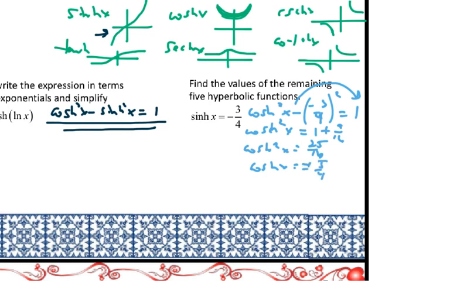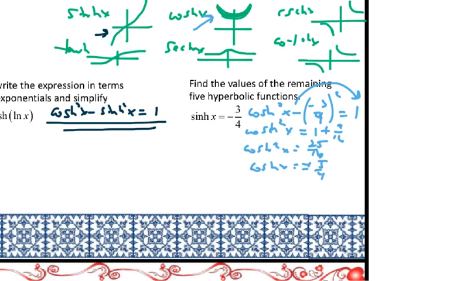Now I know it's not a negative 5/4 because cosh is never negative. That's why I need the graph, just to verify that I have the right sign. So now let's write our values here.